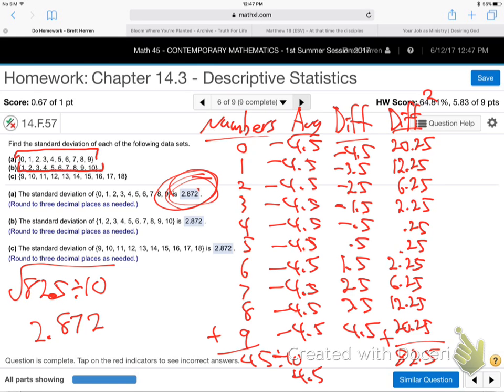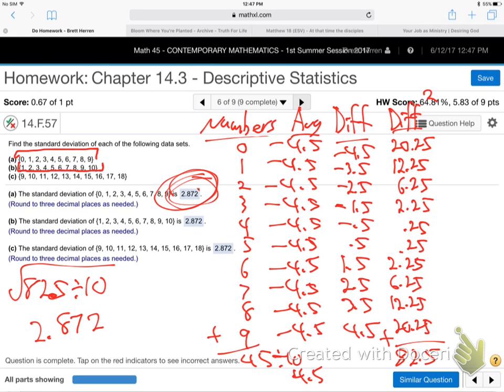So the 0 to 9 went up to 1 to 10. Is that going to change how spread they are? Not at all. They're just as spread as they were before, they're just 1 higher. Their spread from each other hasn't changed at all.